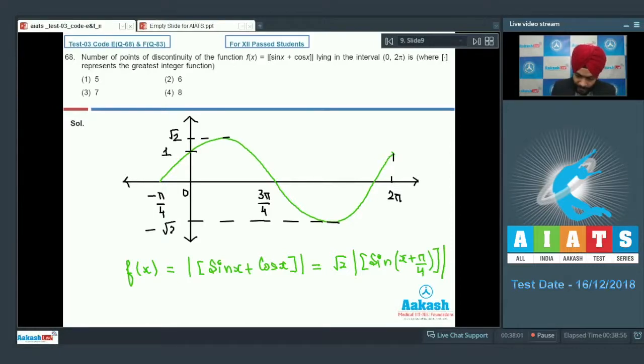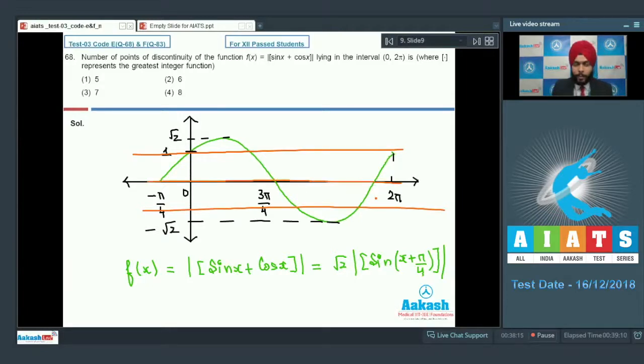We know that the greatest integer of any function is discontinuous at all those points where the function attains an integral value. So let us draw the horizontal lines y equals 1, y equals minus 1, y equals 0, and count the number of points of intersection, because all those points will be the points of discontinuity. This is point 0, so 0 is an open interval.